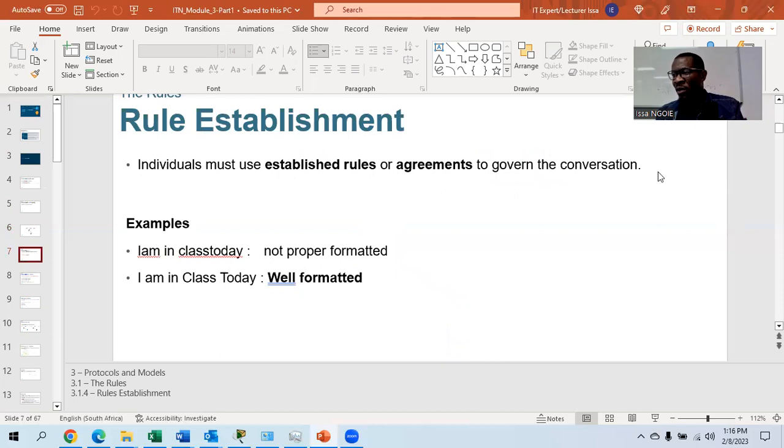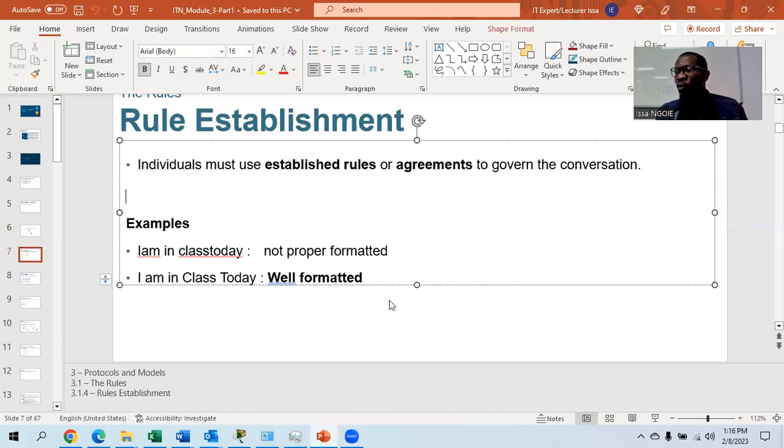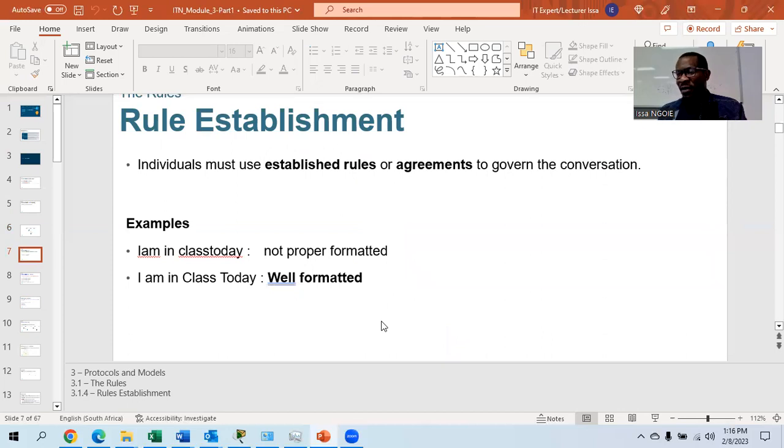Okay, now let's talk about rule establishment, right? As human beings, for us to talk, we need to have rules or principles, right? Like for you to talk to your friend, you must use the same language. You can use isiZulu, but isiZulu is an agreement, like a set of rules, right? So for any conversation, there must be some established rules that you have to follow. The same as devices.